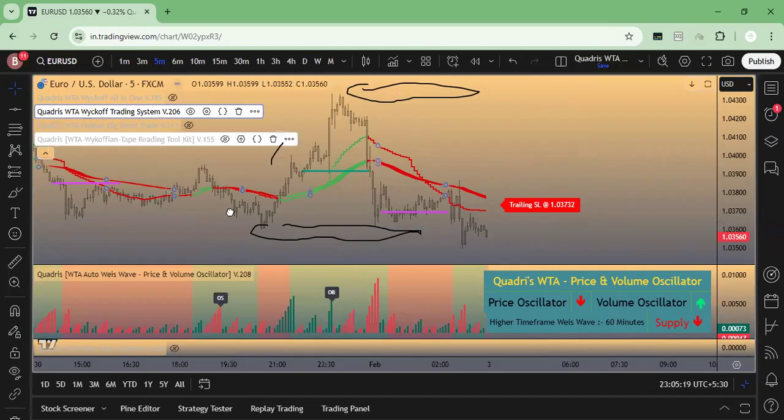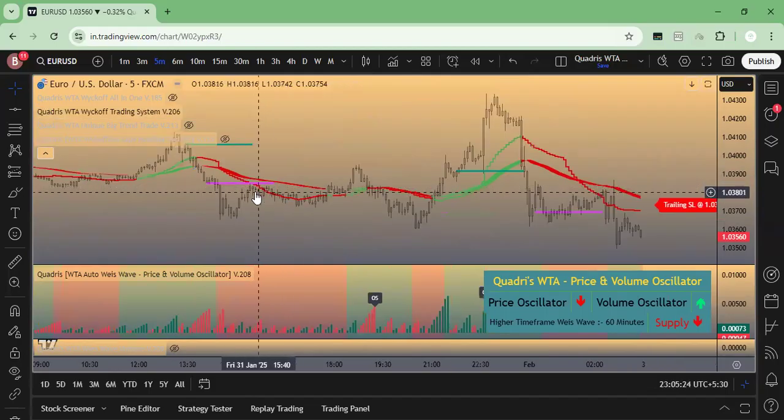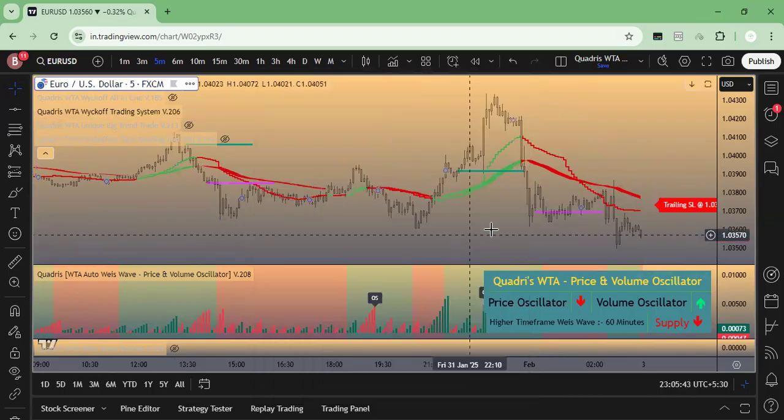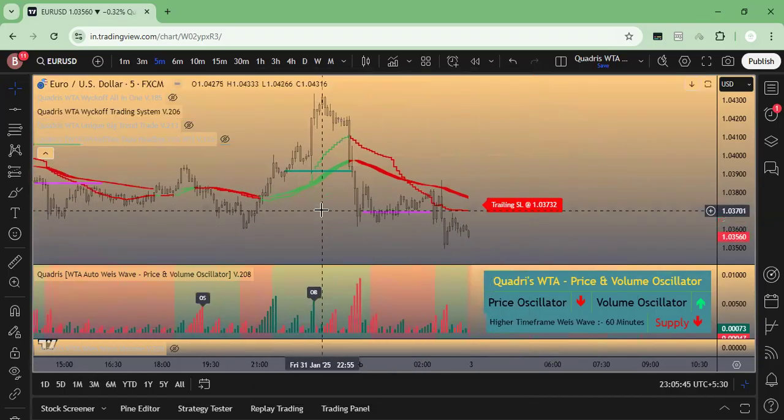So what I basically look into when I'm trading based on Wyckoff accumulation, you have to select the checkbox so that it will come up, or let me show on the chart with these two minor dynamic trend lines. The trade setup I follow is trend continuation.